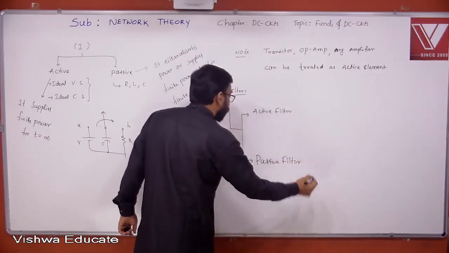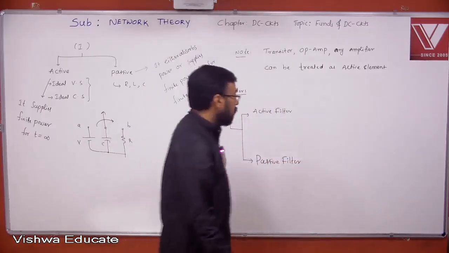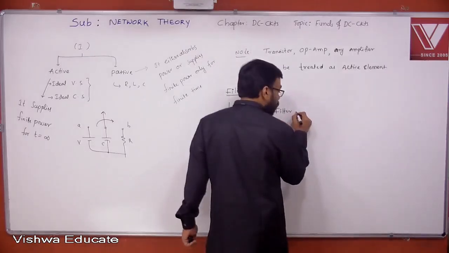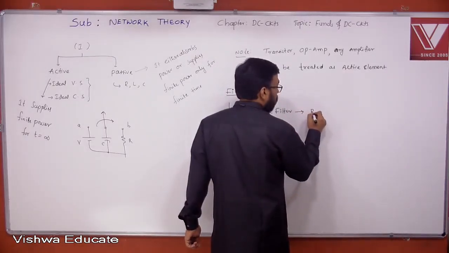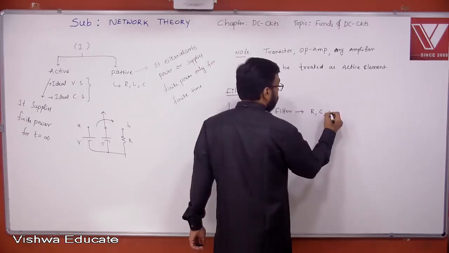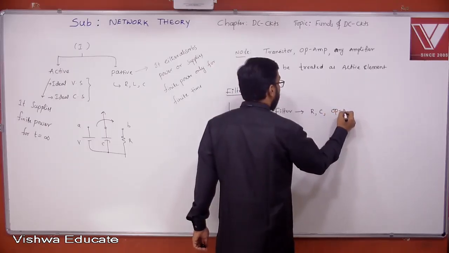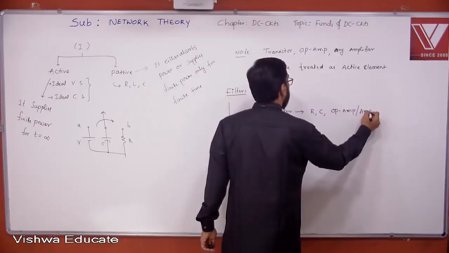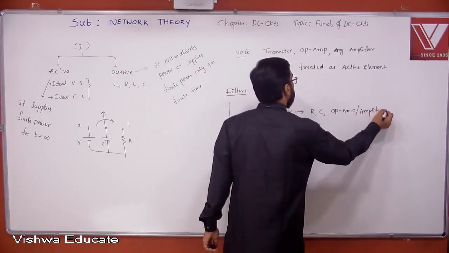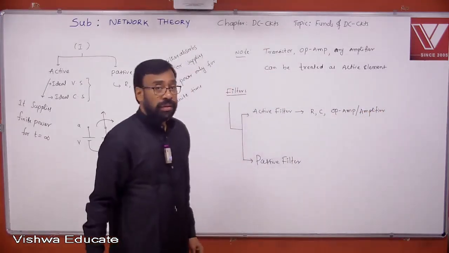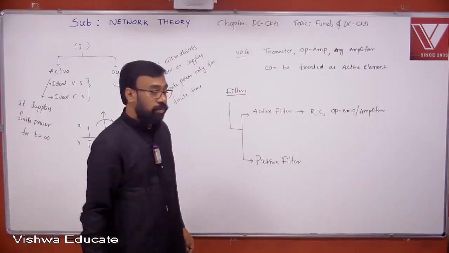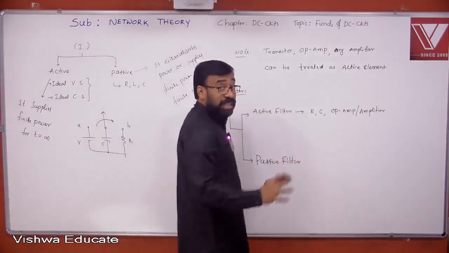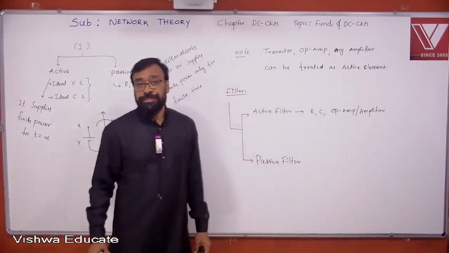What is an active filter? It consists of resistor, capacitor, either op amp or any amplifier or any transistor. You may have anything over there. The inductor is absent in this particular case, active element.